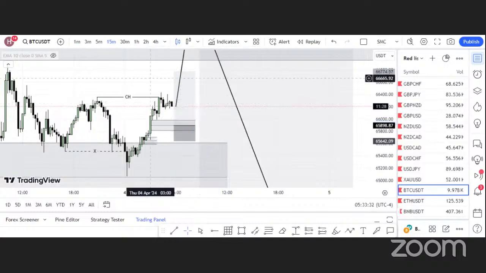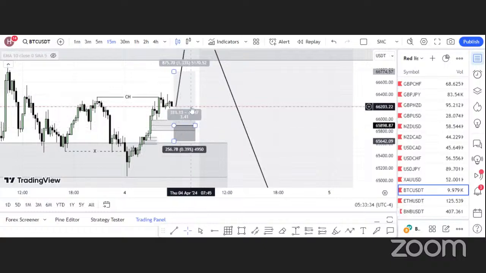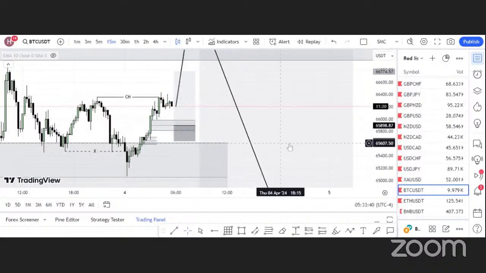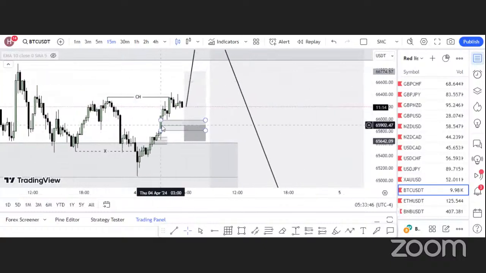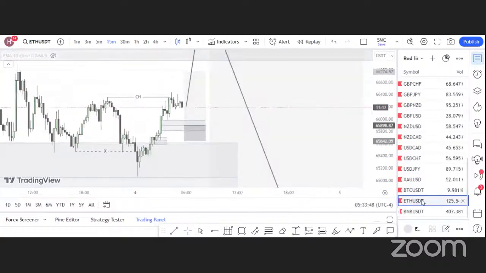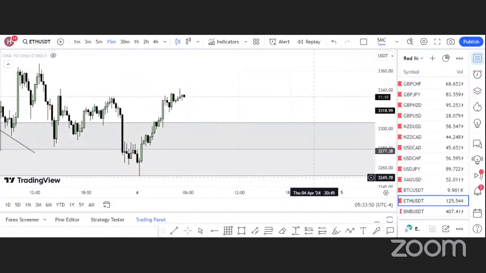But I want to see a confirmation that the market will continue to go bullish. Once I get the confirmation, hopefully we are still live, and then I'll give out the signal. For now, let's move to the next instrument.